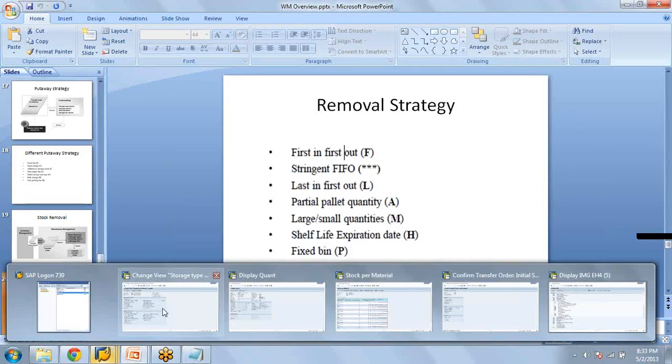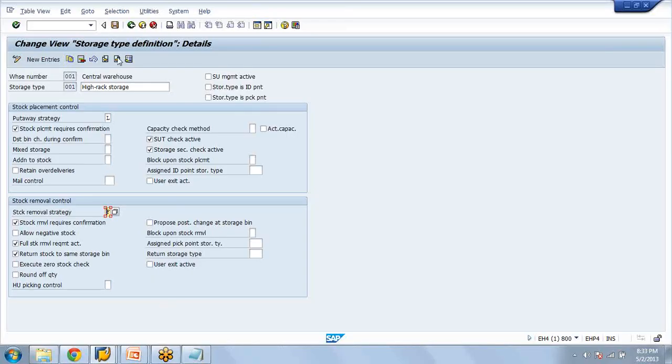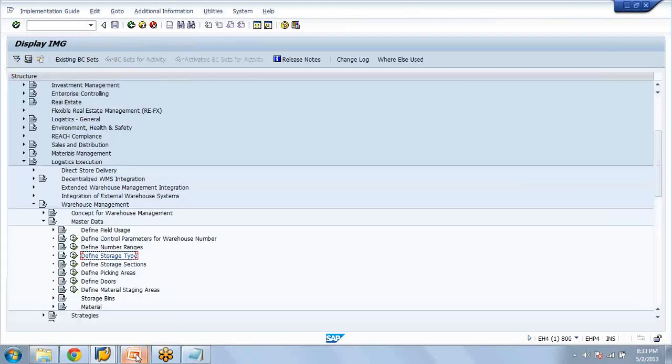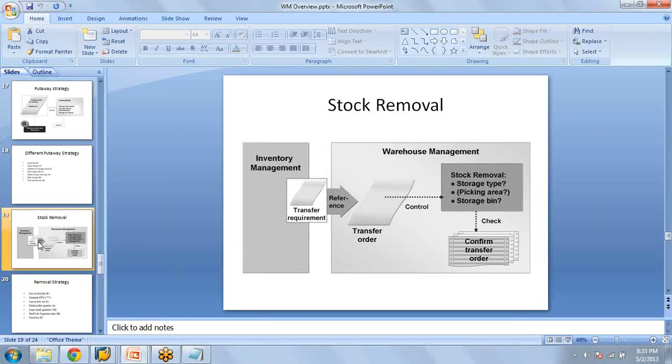So I was explaining to you the posting changes. Posting changes is the same as, you know what a TR is, right? The transfer requirement.